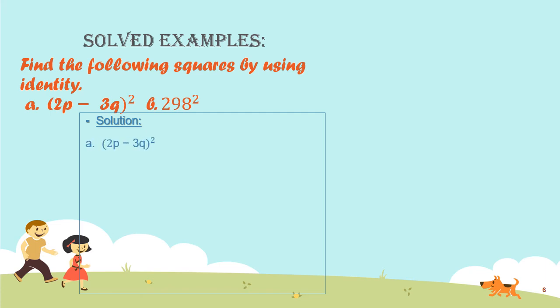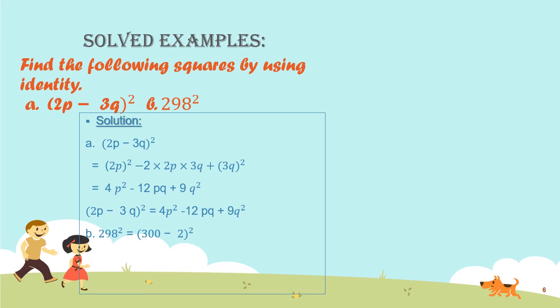So 2p minus 3q the whole squared equals the 2p the whole squared minus 2 into 2p into 3q plus 3q the whole squared, which is same as 4p squared minus 12pq plus 9q squared. So we got the answer as 2p minus 3q the whole squared equals 4p squared minus 12pq plus 9q squared.